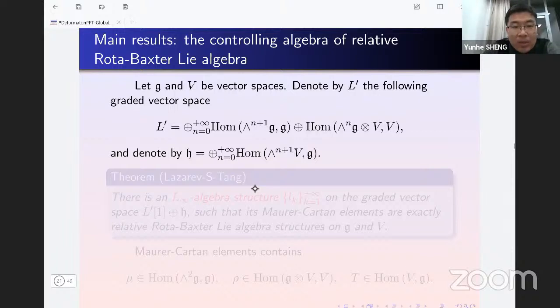Now we give the controlling algebra for relative Rota-Baxter Lie algebras. Let G and V be vector spaces, and we denote by L' the following graded vector space.